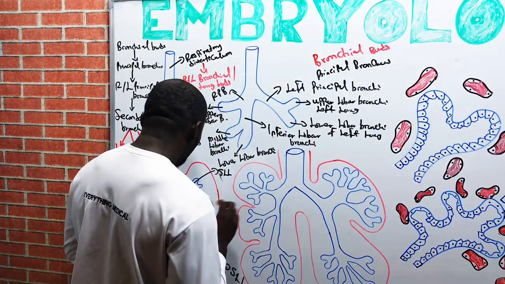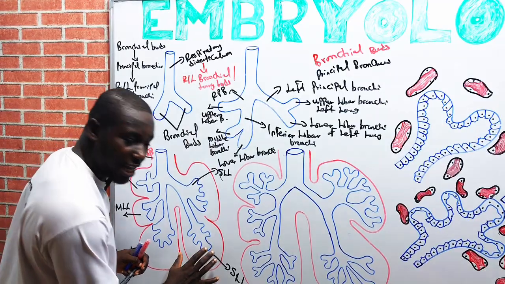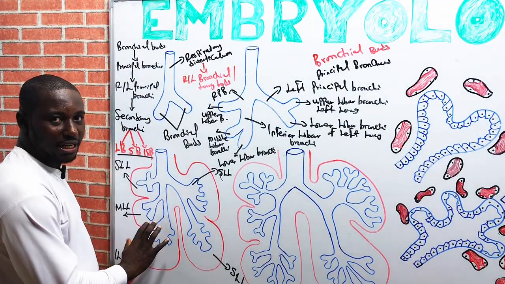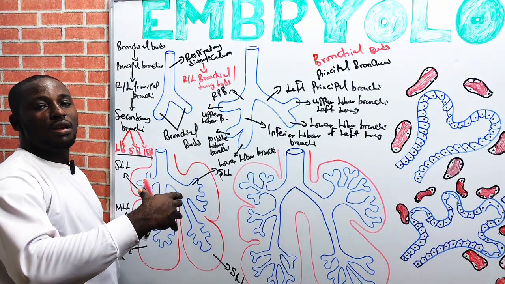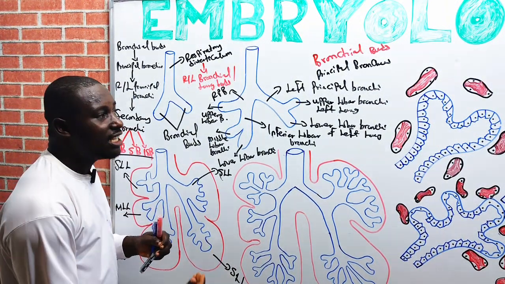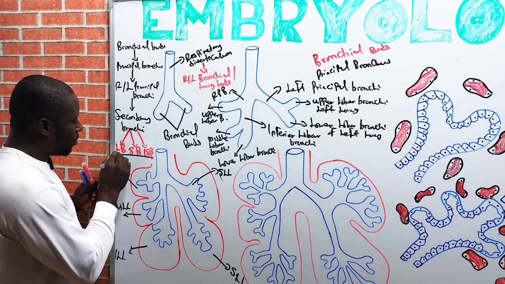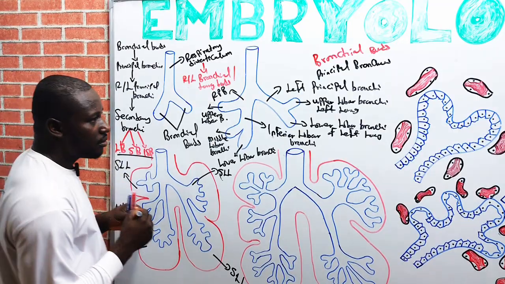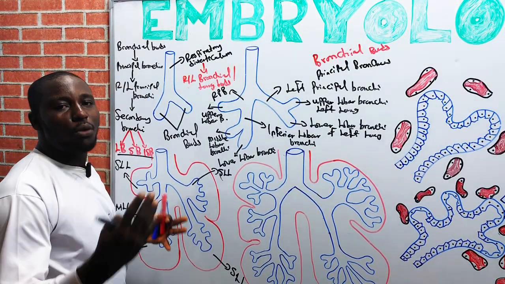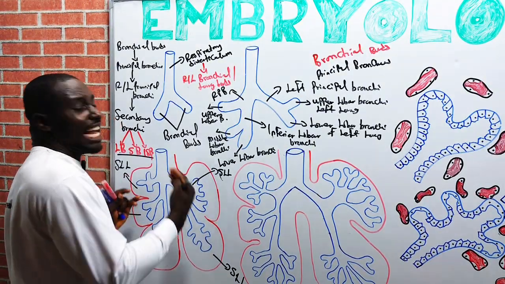That means we have 10 segmental bronchi here and 10 here, as a result of the progressive branches of the lobar bronchi. After the lobar bronchi, we have the segmental bronchi, right? It is 10 on each side of the lungs.